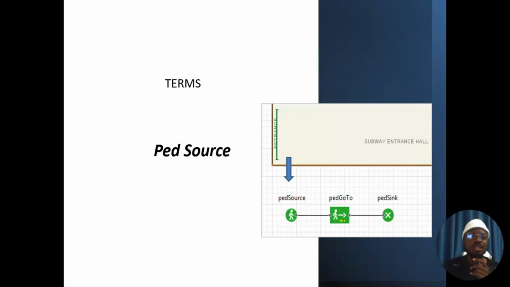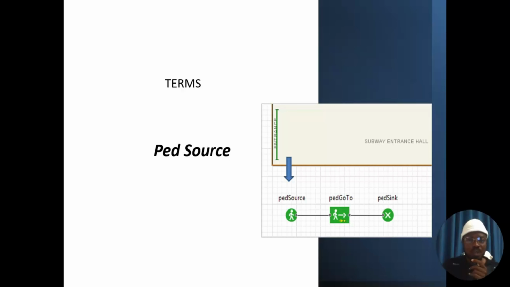So we will see the movement. After we've been able to create the entrance, there has to be a ped source where the pedestrians were moving from. And that is what you can see here. You can see from the arrow that we have the ped source, and we're still going to be looking at some other terms that will be used in the course of this simulation.